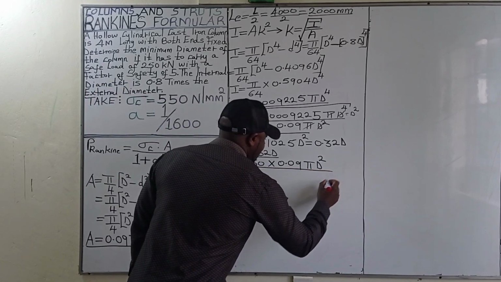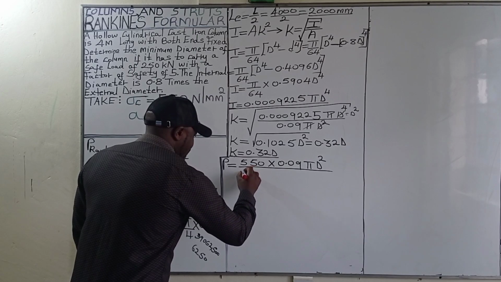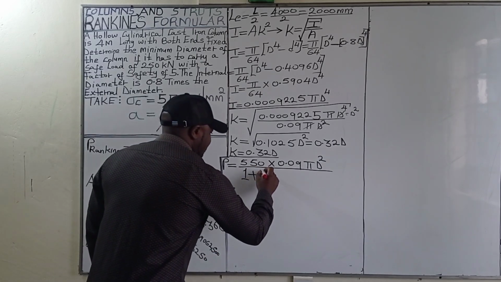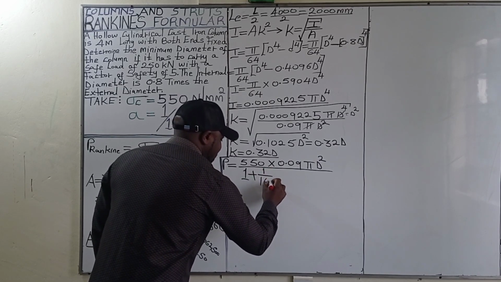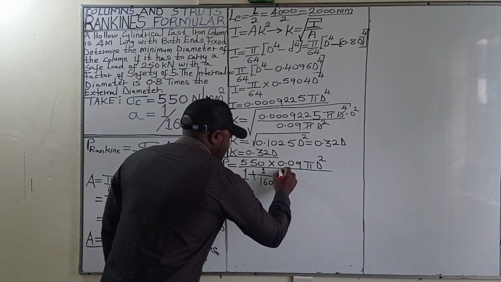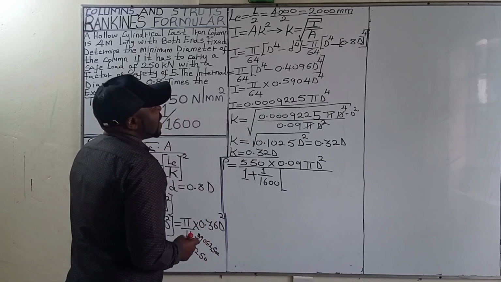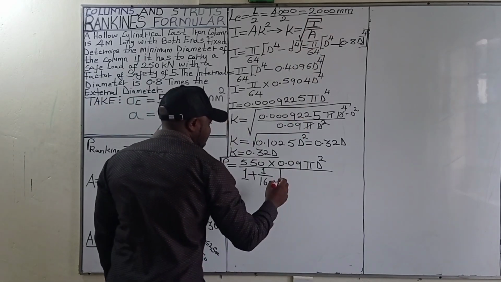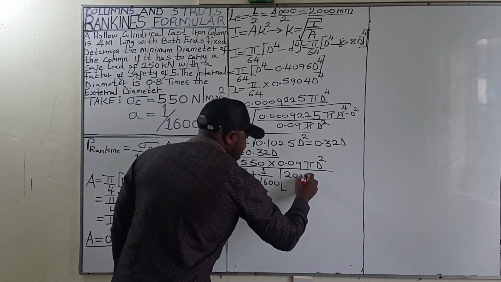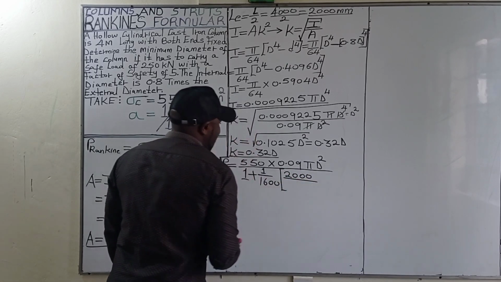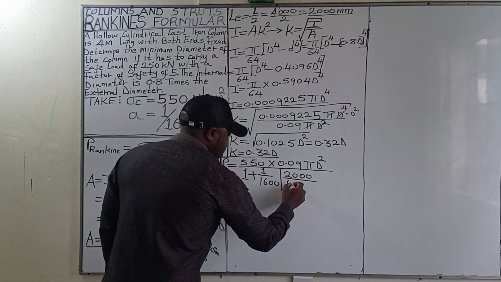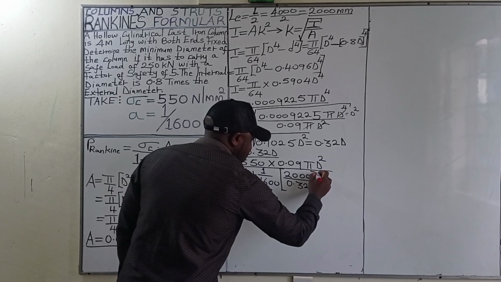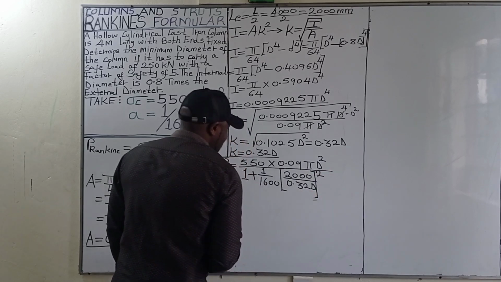Then we divide this by 1 plus a, which is 1 divided by 1600. Therefore 1 over 1600 into the effective length, Le over k. Le is 2000 millimeters. So that's going to be 2000 divided by the least radius of gyration, 0.32D, and then we square both of them.